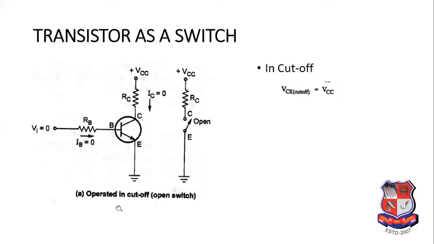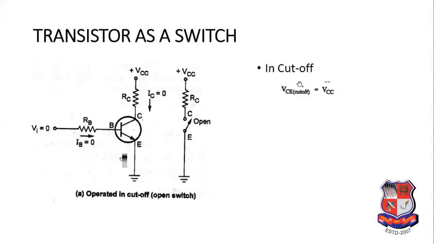A transistor operates in three regions: cutoff, saturation, and active. When we operate the transistor in the cutoff region, the transistor acts as an open switch.